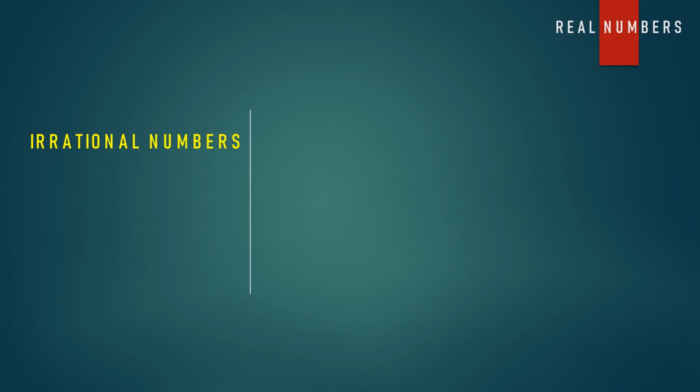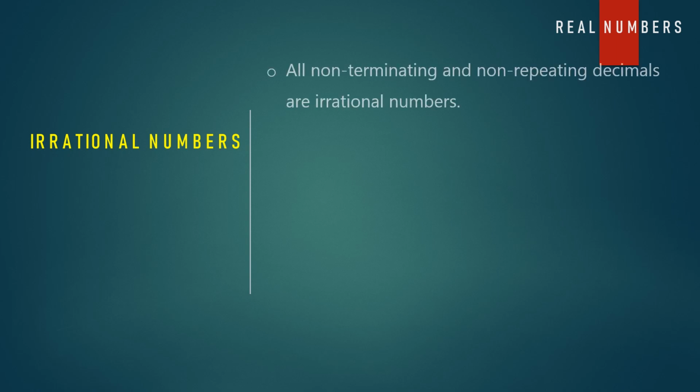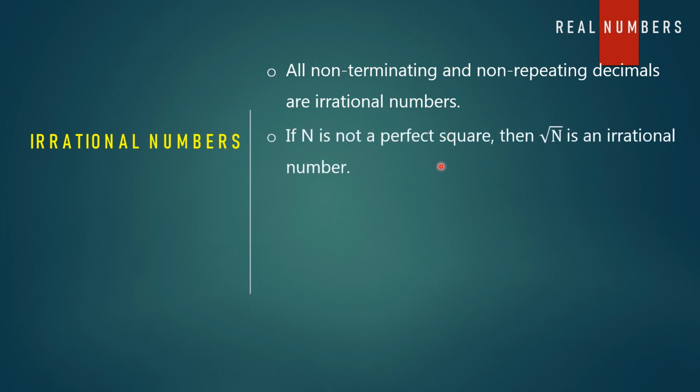Let us see some examples of irrational numbers. All non-terminating and non-repeating decimals are irrational numbers. If n is not a perfect square, then root n is an irrational number.